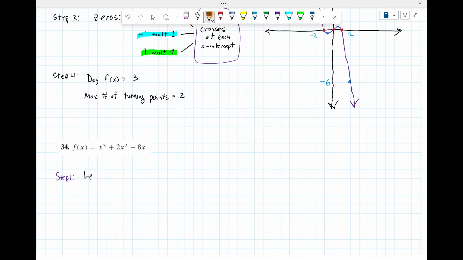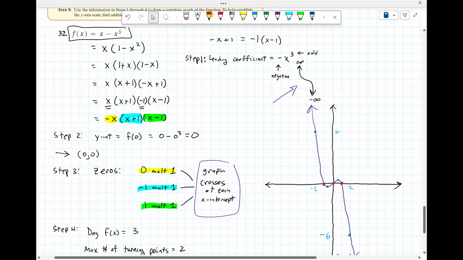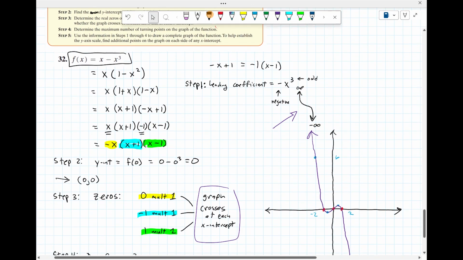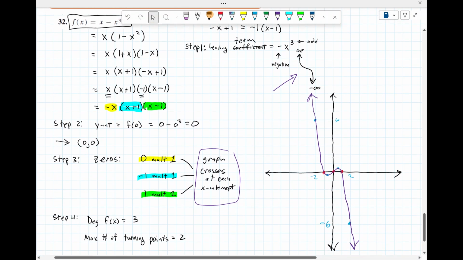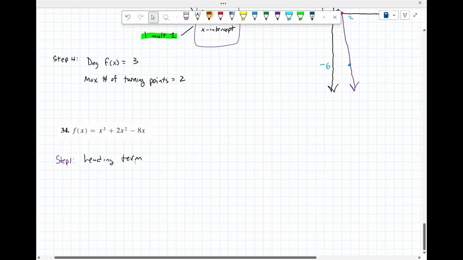And our leading term, and by the way, I used the wrong word here. I always do this. It shouldn't be leading coefficient, but that's the leading term. The leading coefficient is just the number in front of the leading term. But nonetheless, the leading term here is equal to x to the third.